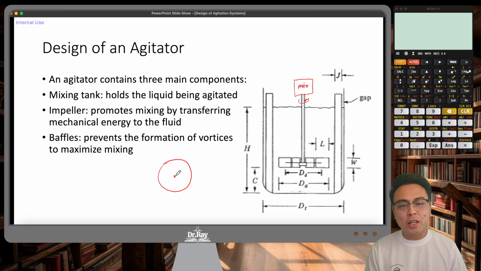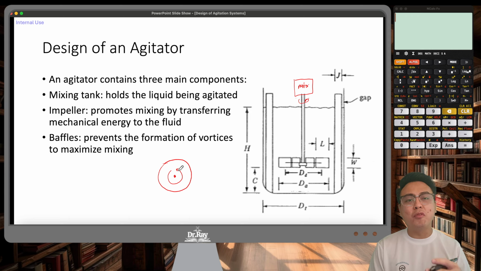So at the middle here, you have the shaft of the impeller. And if you don't provide baffles, which are usually placed at the side of the mixing tank, what you would end up forming is one singular big vortex at the middle.